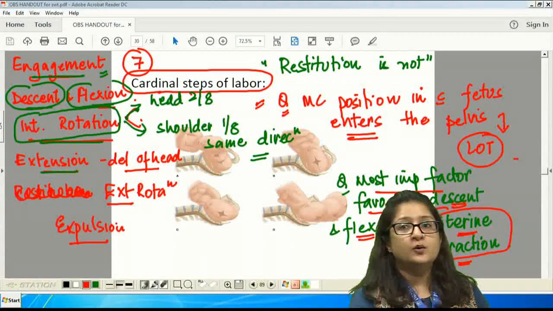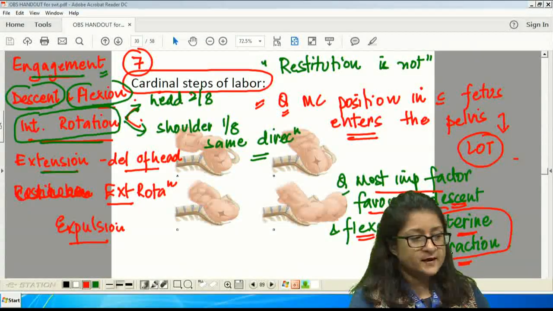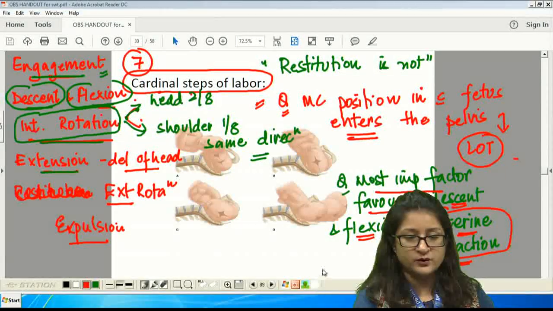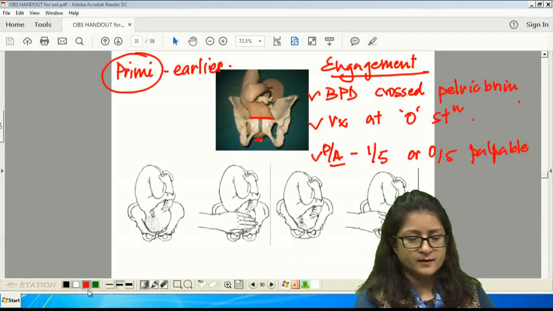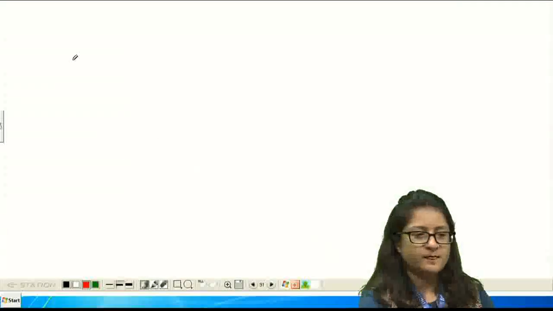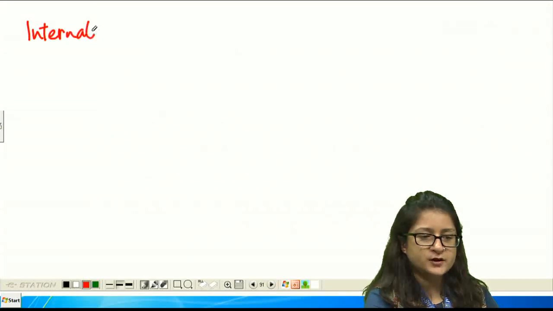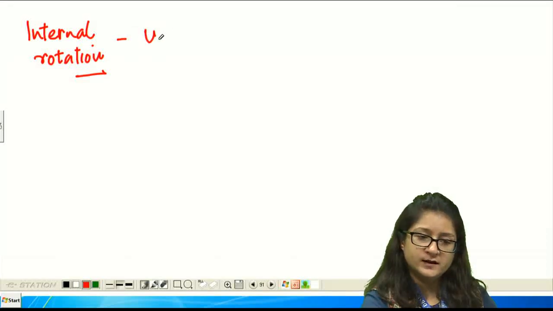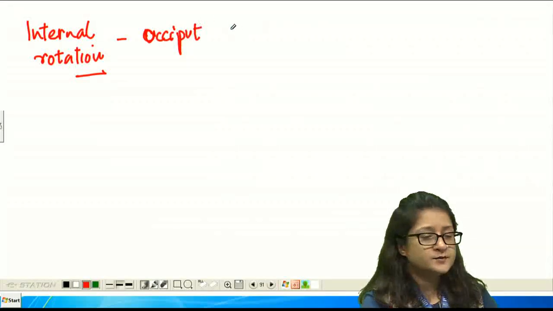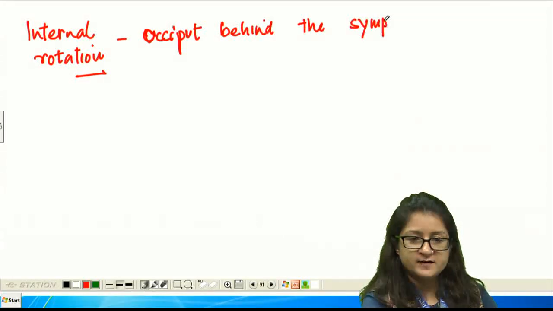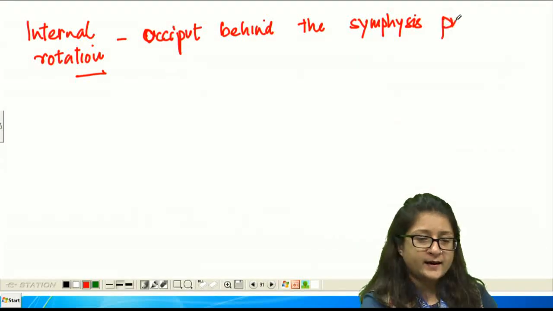Secondly, important points about internal rotation. During internal rotation, the occiput comes to lie behind the symphysis pubis.